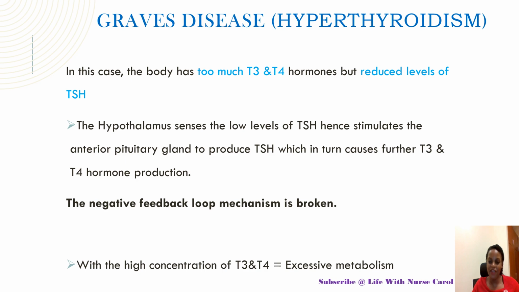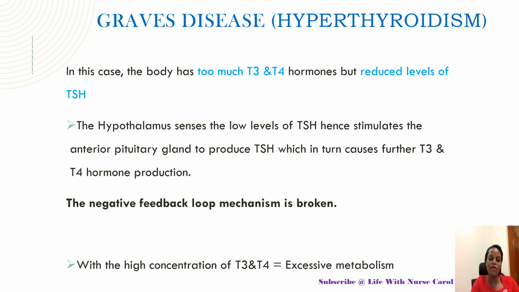So we're already suffering with too much T3 and T4, but because the hypothalamus senses the reduced TSH, it feels the pituitary needs to be stimulated more to produce more TSH, which eventually produces even more T3 and T4, and yet we are suffering with too much. So here the negative feedback loop mechanism is completely broken.